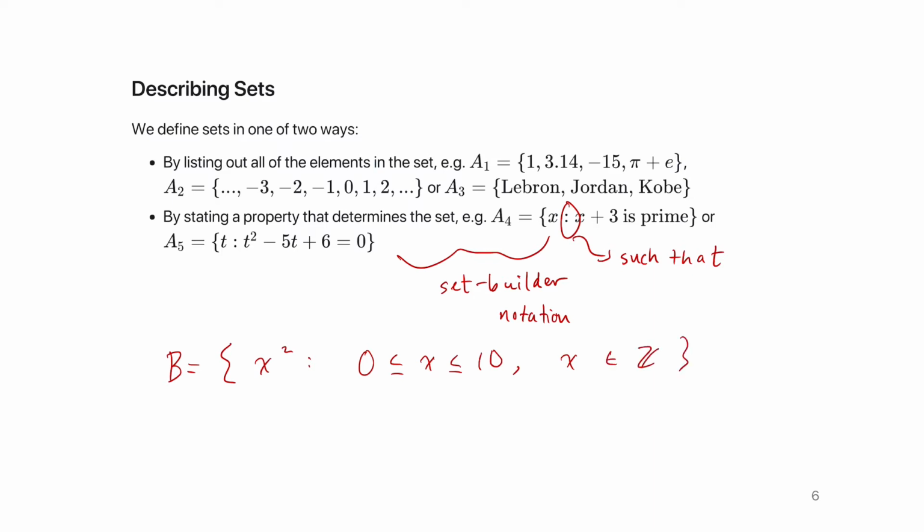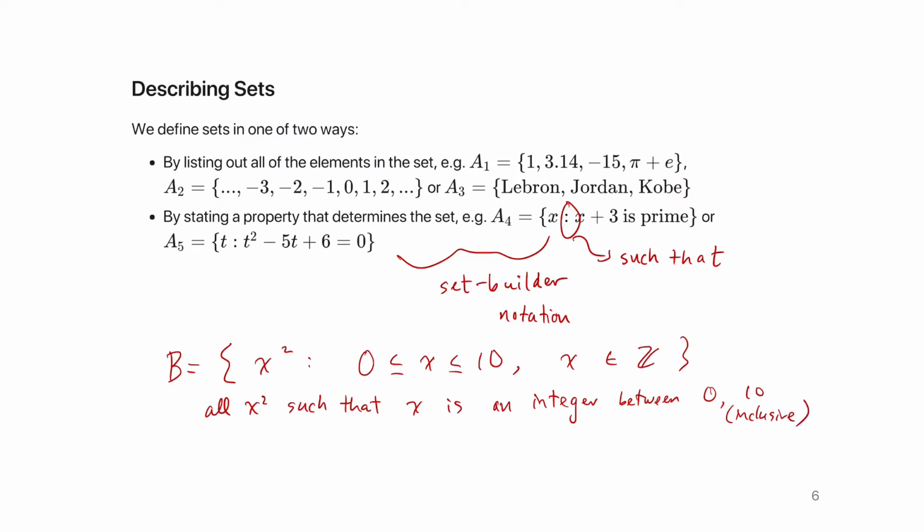Is that okay? So this looks a little different. Before we were just specifying X and T. Now here I'm specifying X squared, but that's okay. I just have to provide some description of what the element looks like and some condition. Is that okay? So this is saying all X squared such that X is an integer between 0 and 10, and that's inclusive.